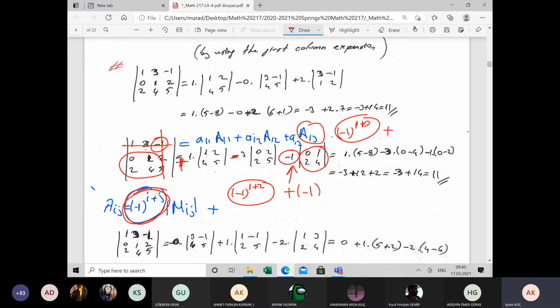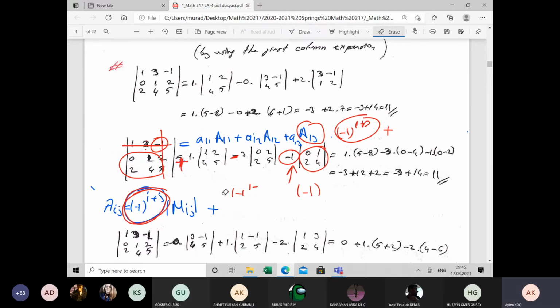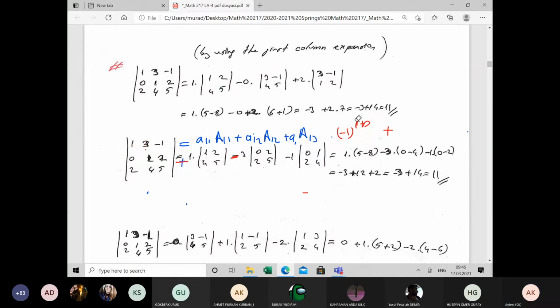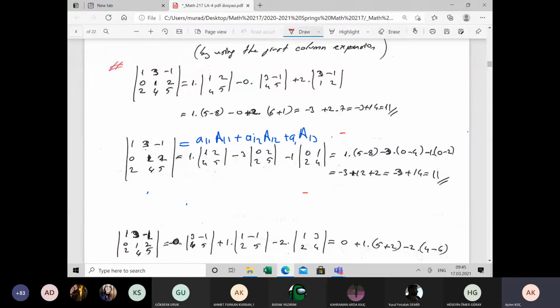Write the entry and multiply by the sign of position and the corresponding determinant of the minor. So we obtain three 2 by 2 matrices here, the first one, the second one, and the third one. We know how to compute a 2 by 2 determinant.